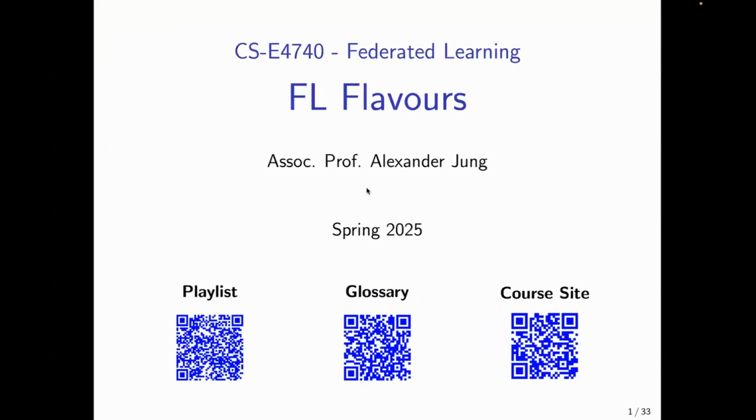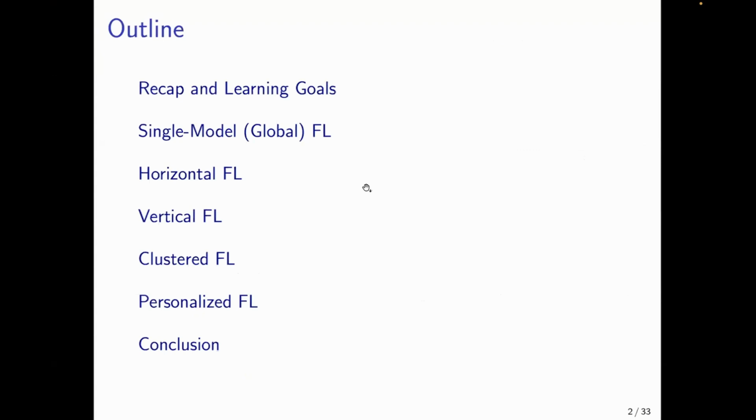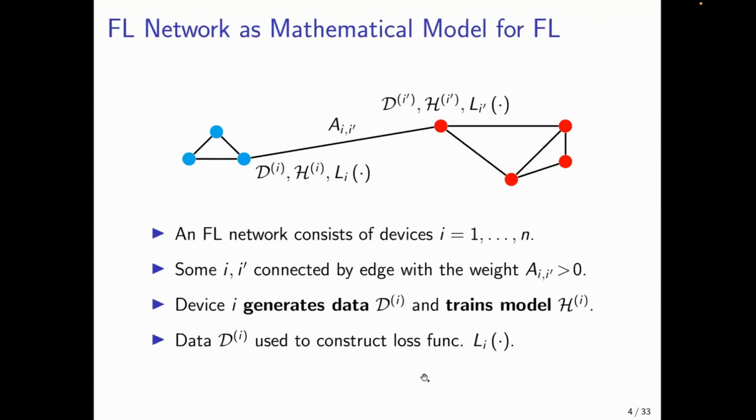So, if you remember, we have modeled federated learning within this course as an optimization problem that is defined over a federated learning network. A federated learning network is already itself a mathematical model that is an approximation of real-world federated learning systems.